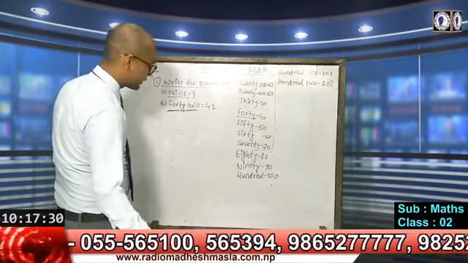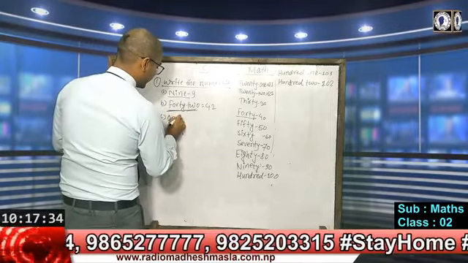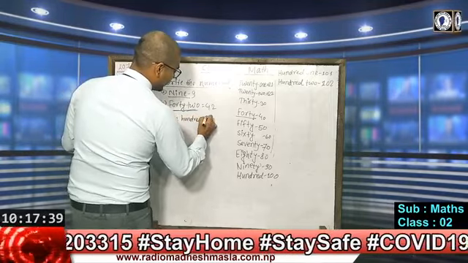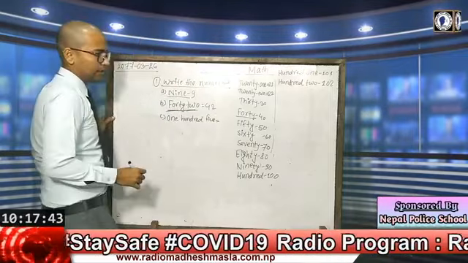In the same way, suppose you are given 100 and 5, that is 105.